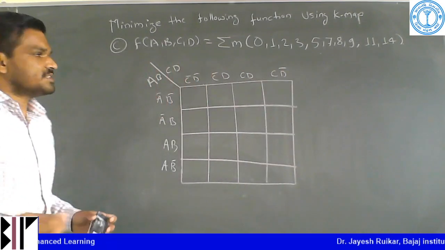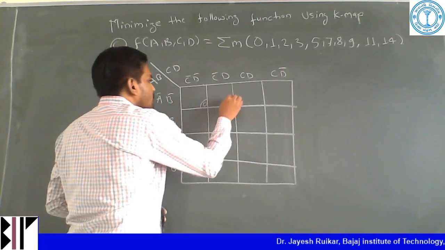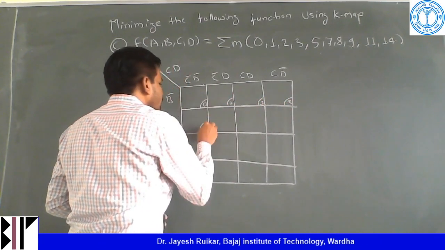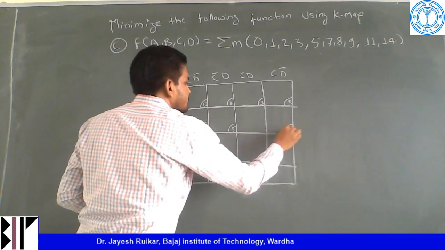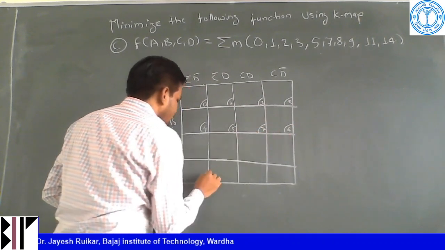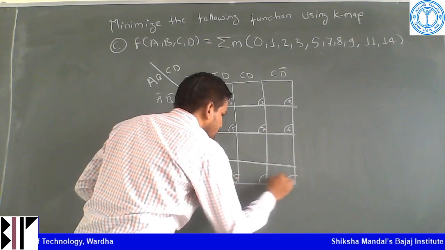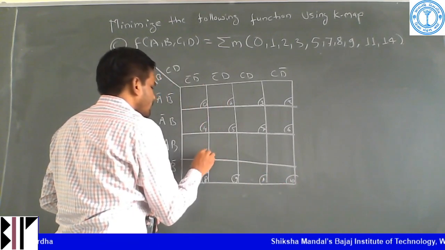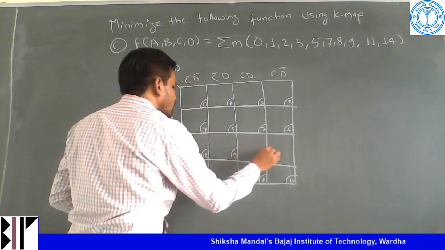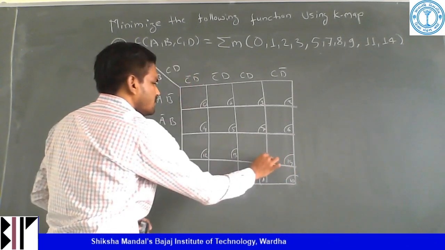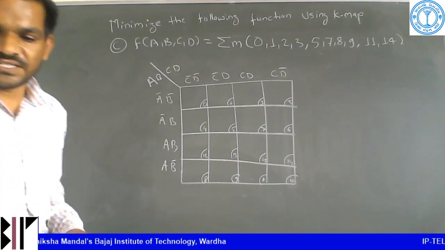You can give cell numbers: 0, 1, 2, 3, 4, 5, 6, 7, then 8, 9, 10, 11, 12, 13, 14 and 15. A very small number you can give to understand.